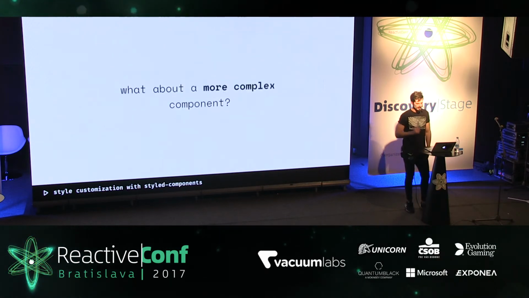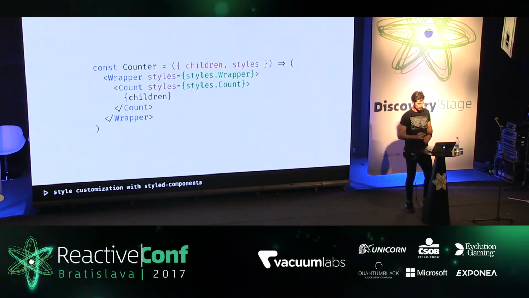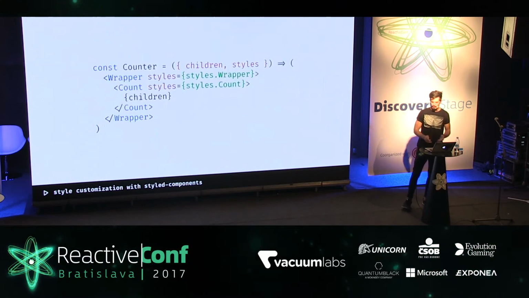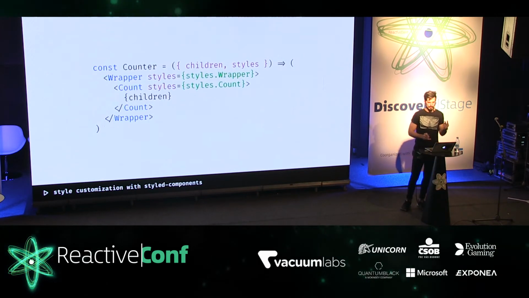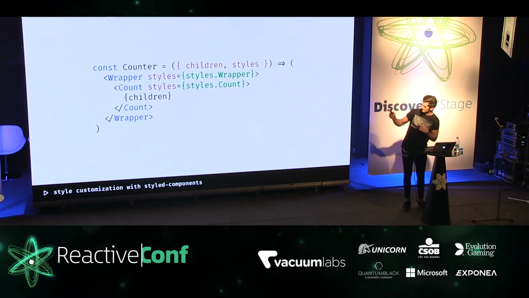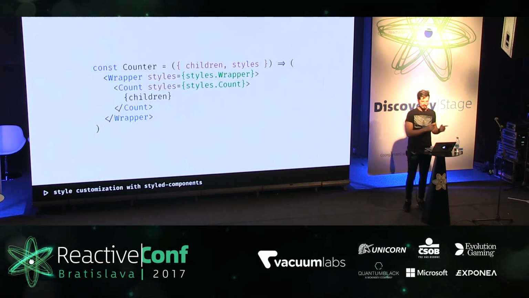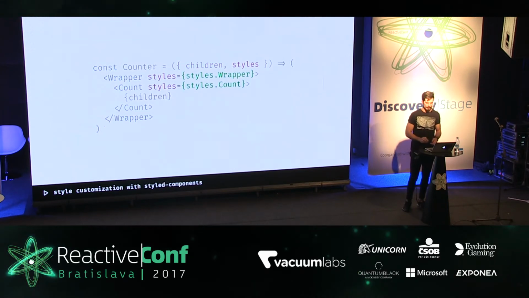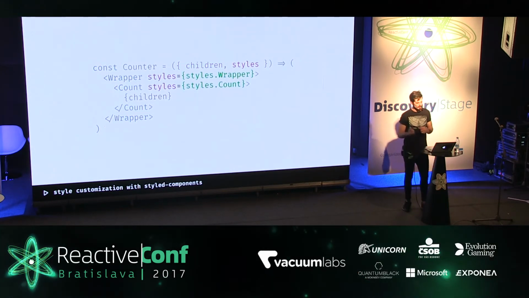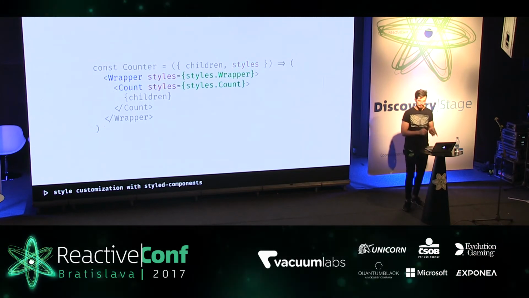What happens if it is a more complex component? How can we deal with that? You have to design some kind of API for that. So picture this. You have this counter component that is composed of two different nodes. These primitives are wrapper and count. So what you do is turn this style property into an object, and the properties for this object can be the same as the names you use for the nodes.